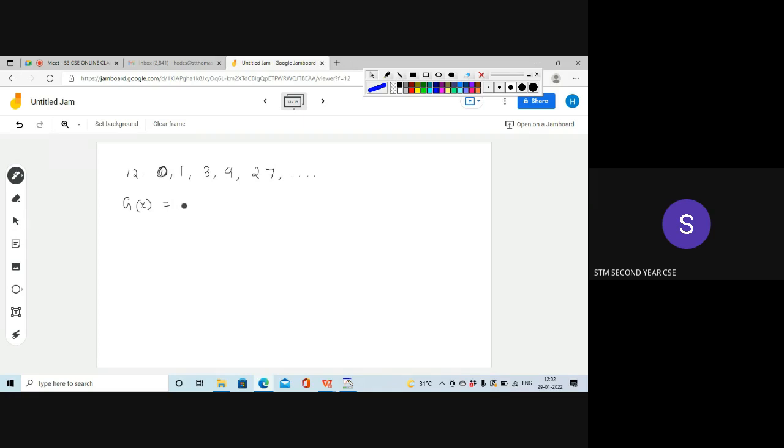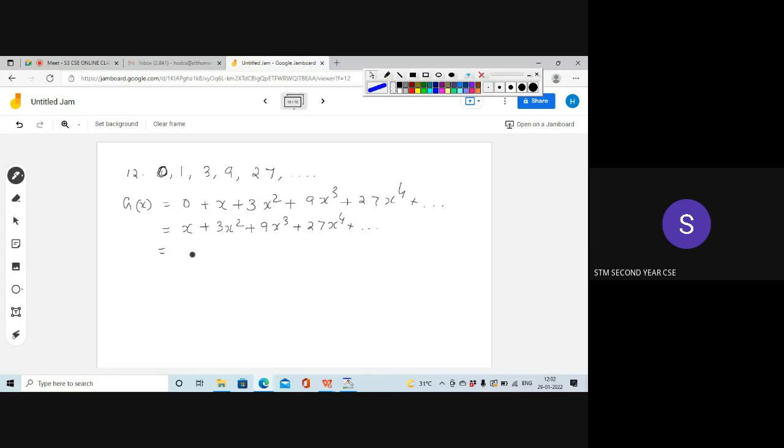A0 is 0 here, isn't it? 0 plus a1x, that is 1x, plus a2x square, 3x square, plus a3x cube, plus 27x raised to 4, plus etc. The 0 will cancel, isn't it? So you get x plus 3x square plus 9x cube plus 27x raised to 4 plus etc.